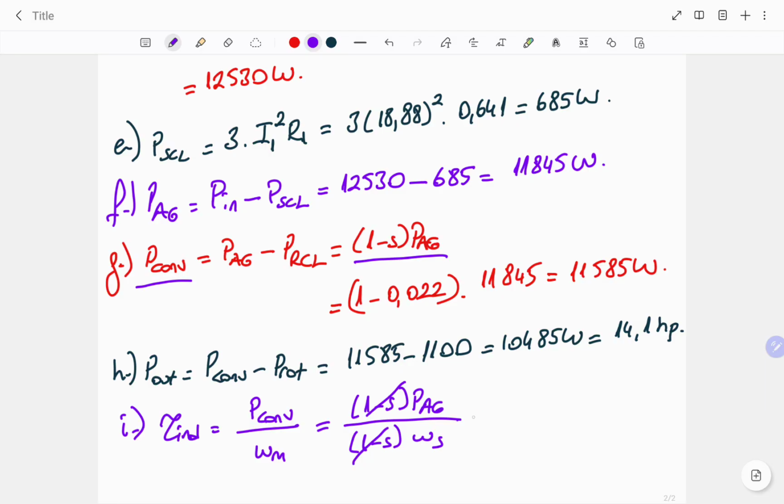So let's use the air gap version. 11,845 watts will be divided by 188.5 radian per second. So from here, 62.8 Newton meter will be the induced torque of this machine.